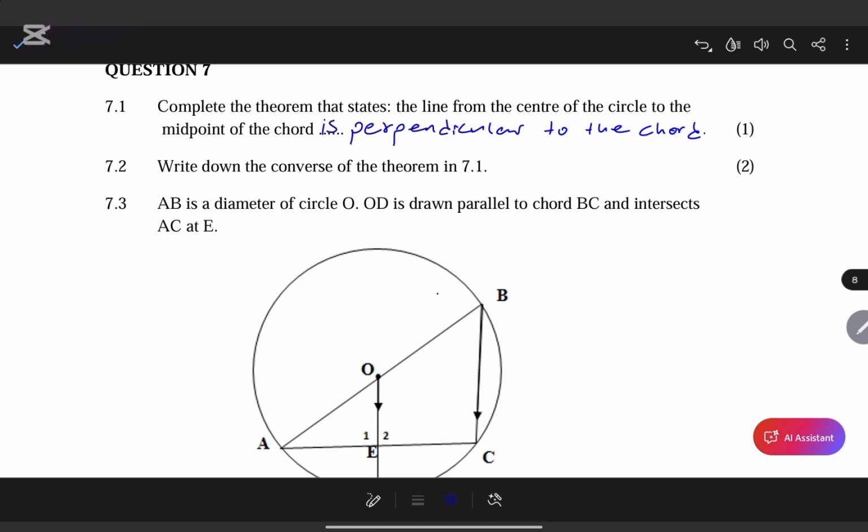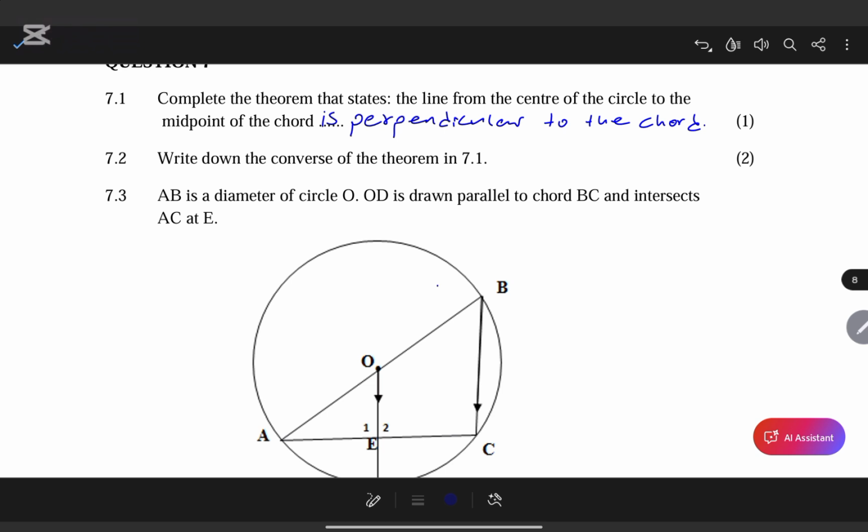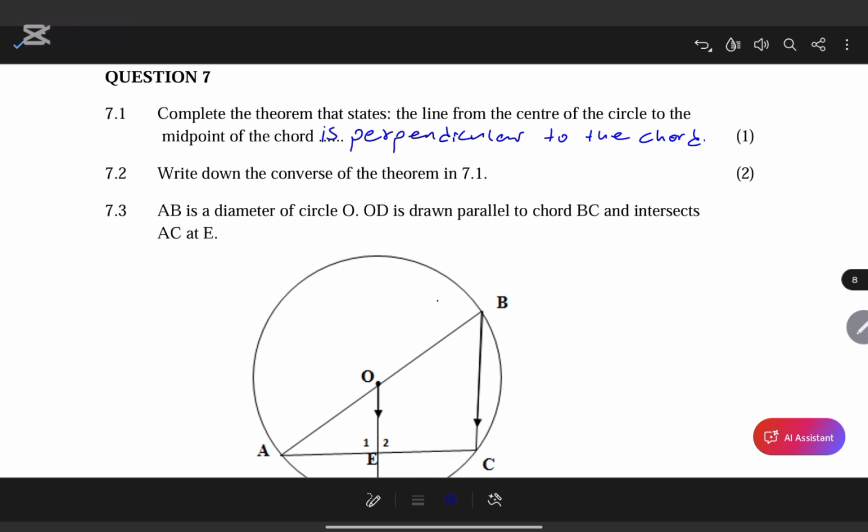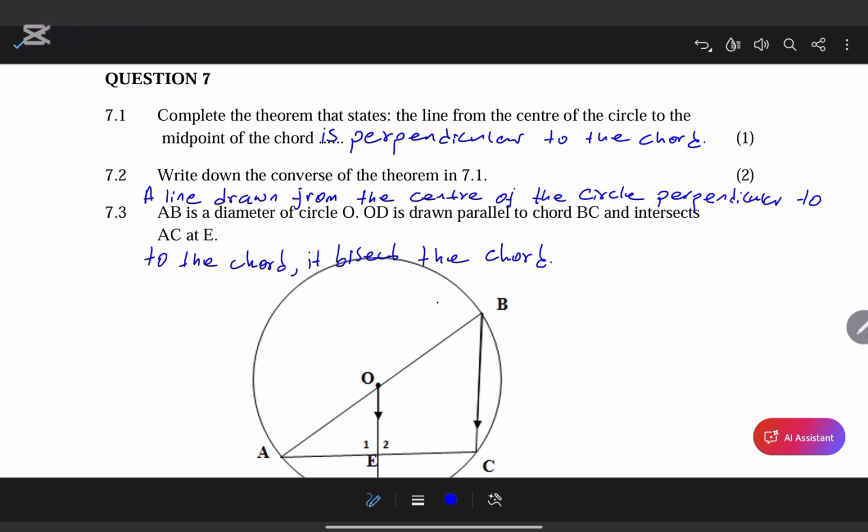Some of you are repeating the given theorem, but they are saying write the converse of it. So we say a line drawn from the center of the circle, perpendicular to the chord, bisects the chord.